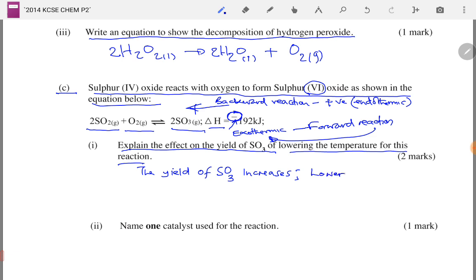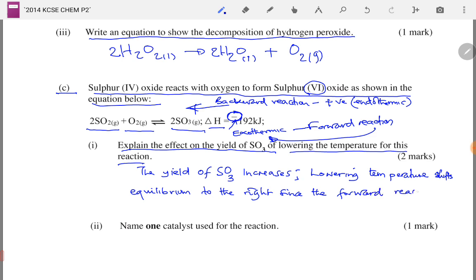Lowering temperature shifts equilibrium to the right, since the forward reaction is exothermic.